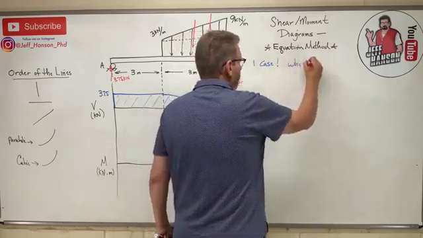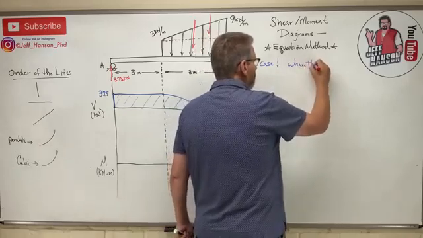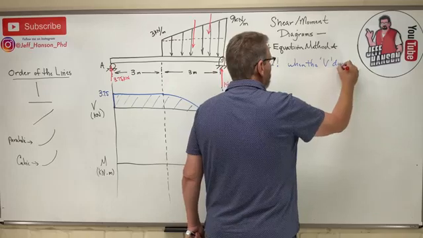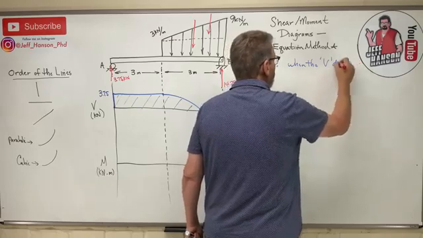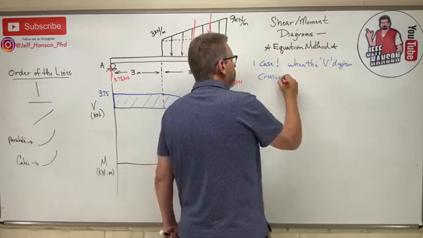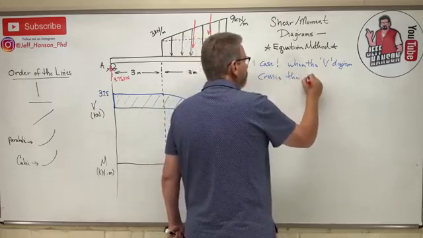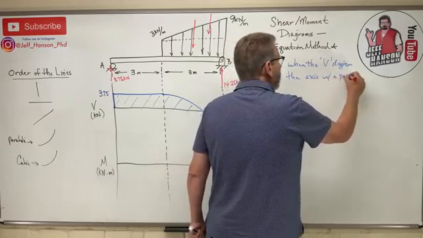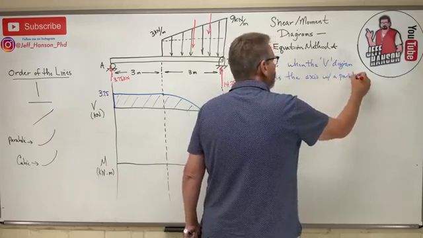When the V diagram crosses the axis with a parabolic curve.